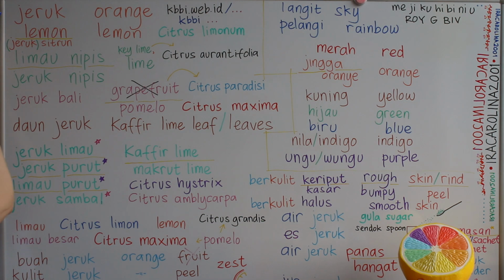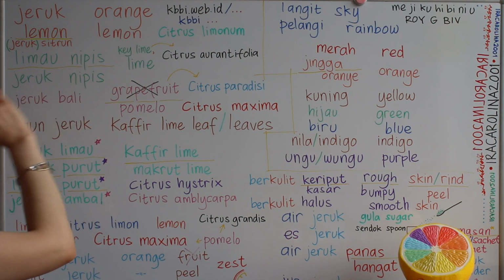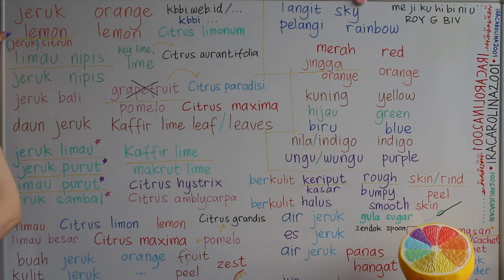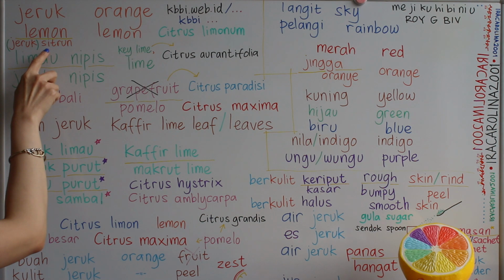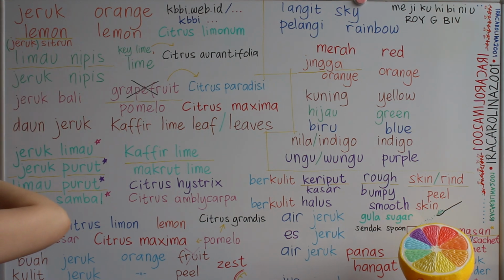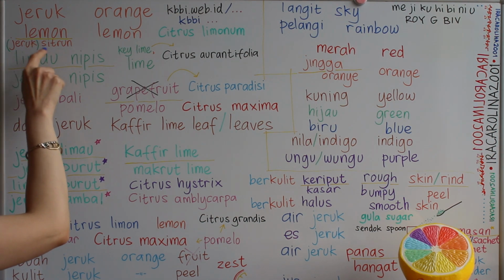Orange, jeruk. Lemon, or citrun, or jeruk citrun.